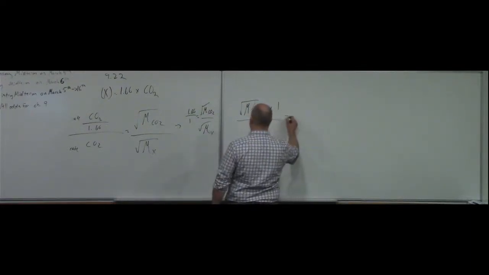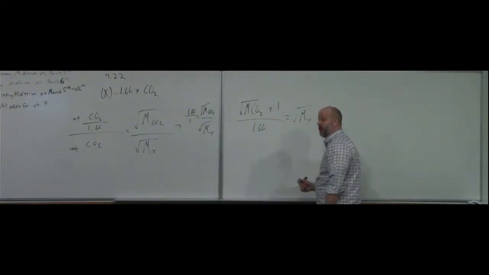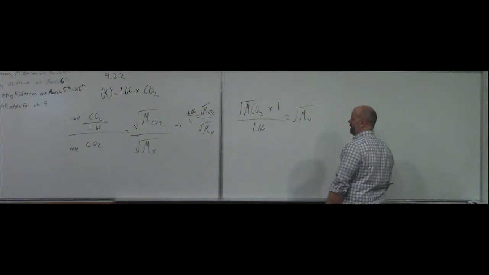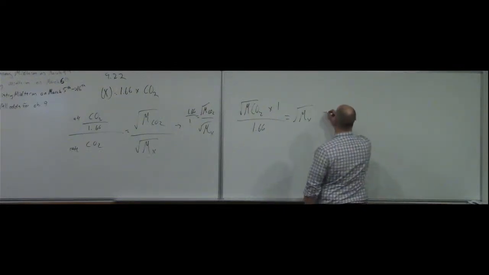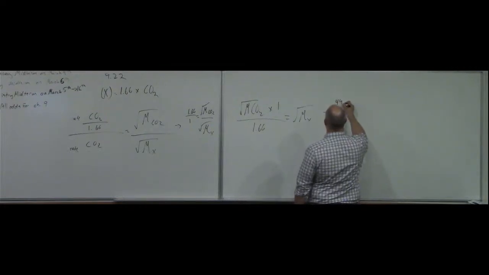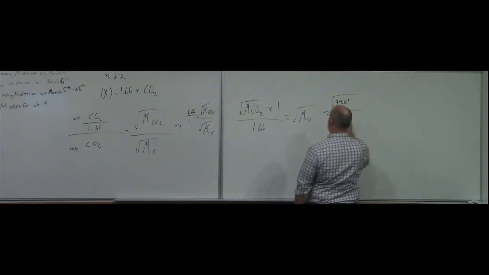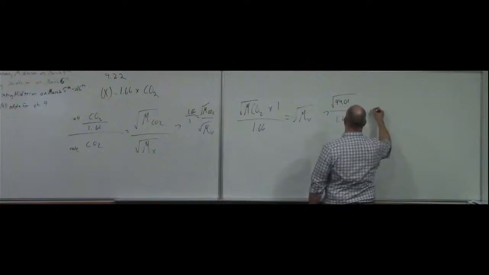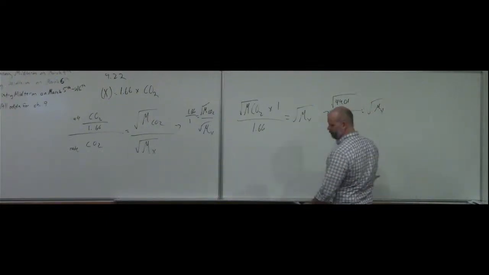It's going to give me my molar mass of X. The molar mass of CO2 is 44.01, square rooted, over 1.66 equals the square root of m sub x.